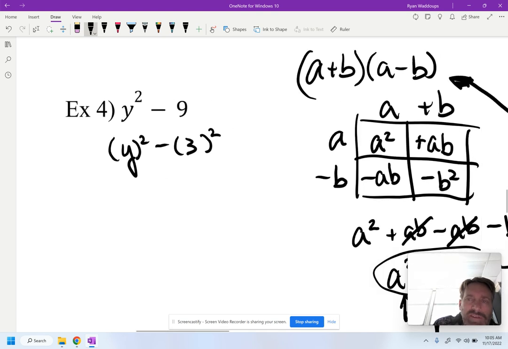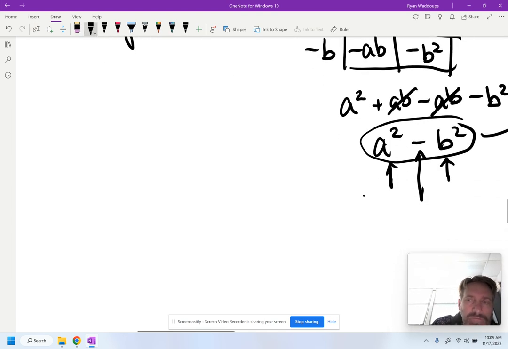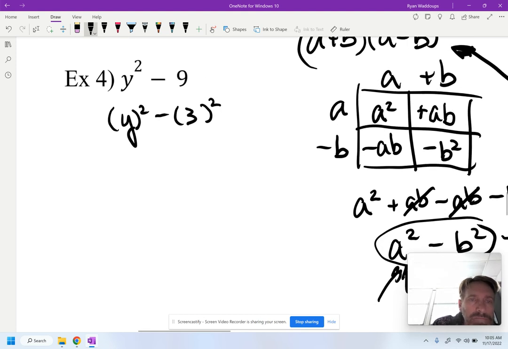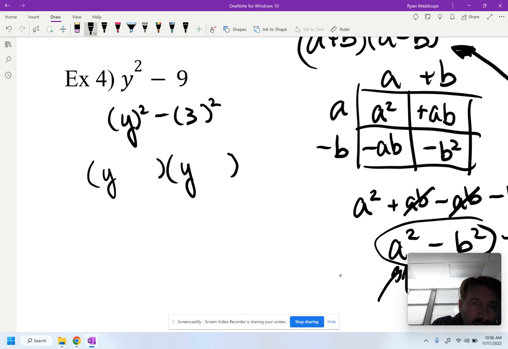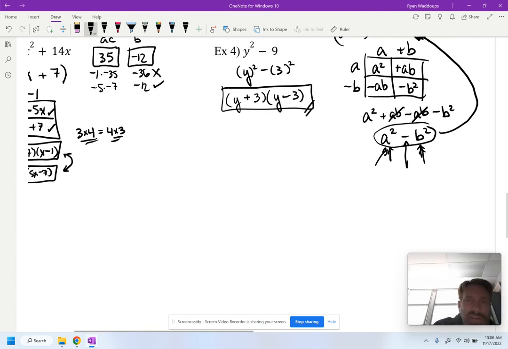And so that sort of tells me what my a value and my b value are. So a in this case is like y. So I can rewrite this then as y here and y here, 3 here and 3 here, and then I put a plus and a minus, and that is factored.